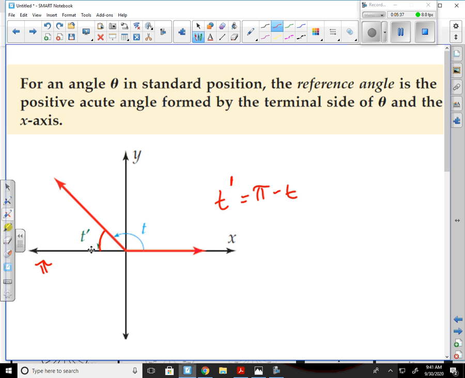So this angle is just the distance between this terminal side and pi, or the x. So when I'm doing reference angles, I'm always looking for it to relate back to the x-axis.